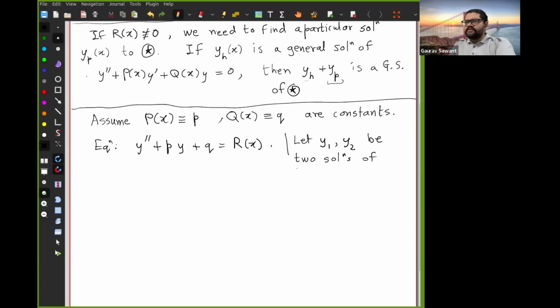The associated homogeneous equation, I'm going to just use a double star here. So we will see the method of variation of parameters.